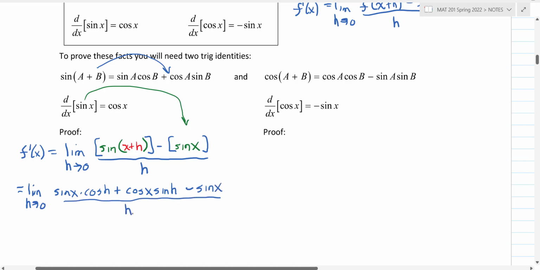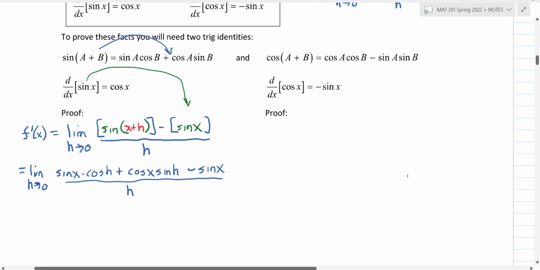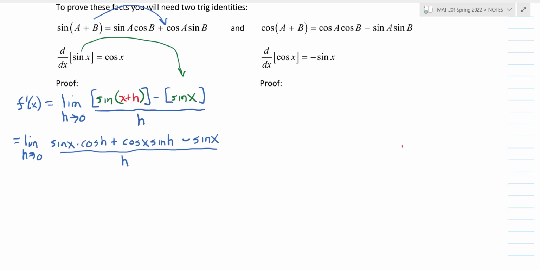So what I'm doing with this is utilizing that difference identity. Now what we need to do is see how we can put this together. Some of these things have x's in them, some of these things have h's in them, so we're going to break this up in a certain way. Let me show you how we're going to put this together.